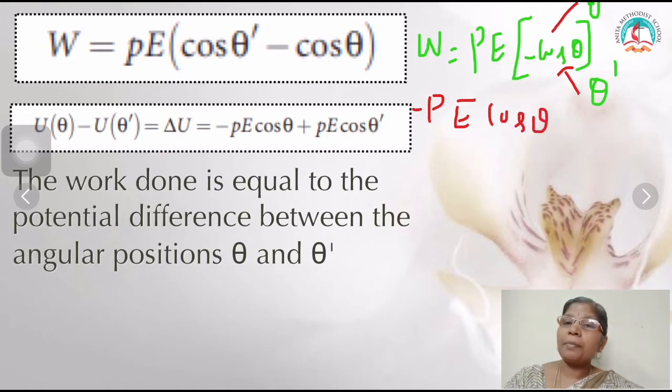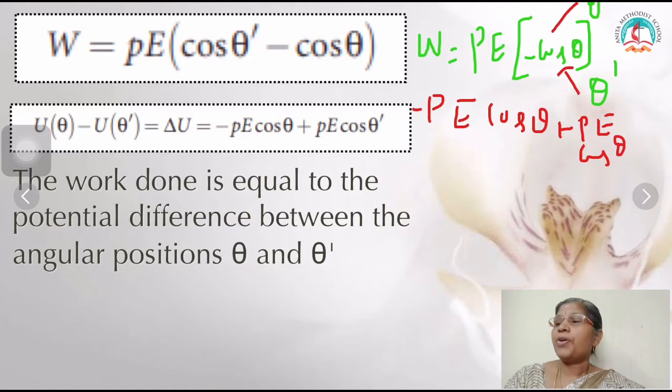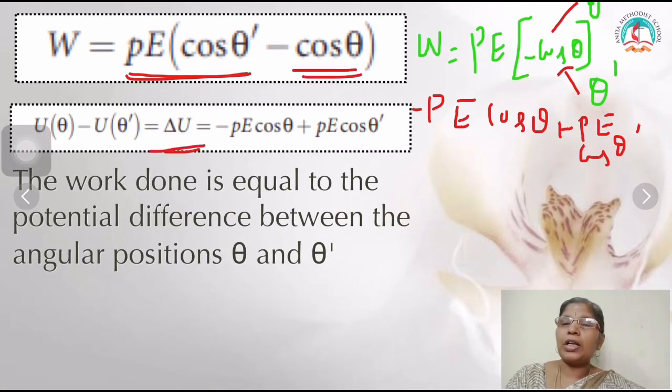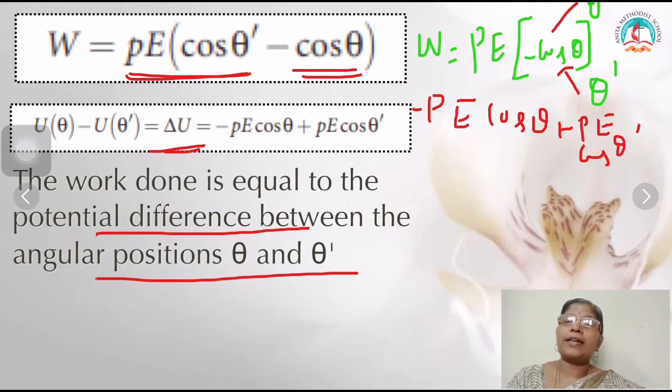The second one, minus of, so minus into minus is plus, PE cos theta dash. So this is PE cos theta dash minus PE cos theta. This is the difference in the potential, del U. So the work done is equal to the potential difference between the two angular positions theta and theta dash.